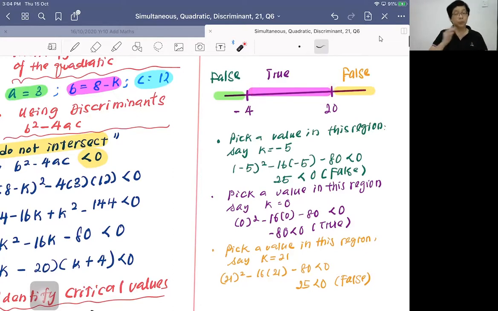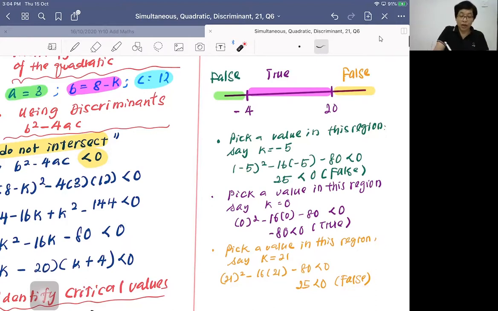But just to finish up and double confirm, we take any value in the region bigger than 20. For this example, I put in 21, fit it into this equation, and then you get 25, and is 25 less than 0? No way. So you know that this is a false statement.